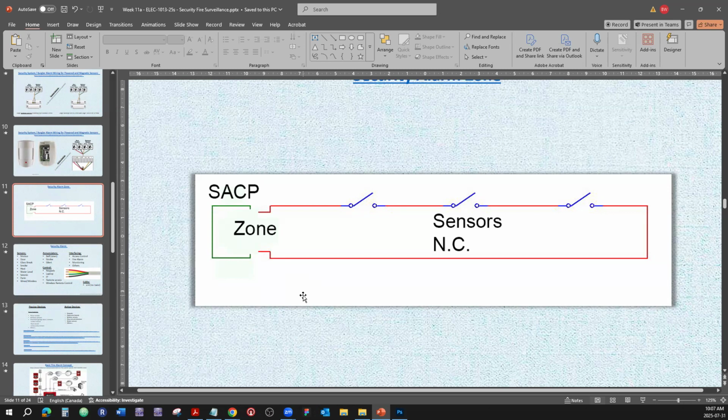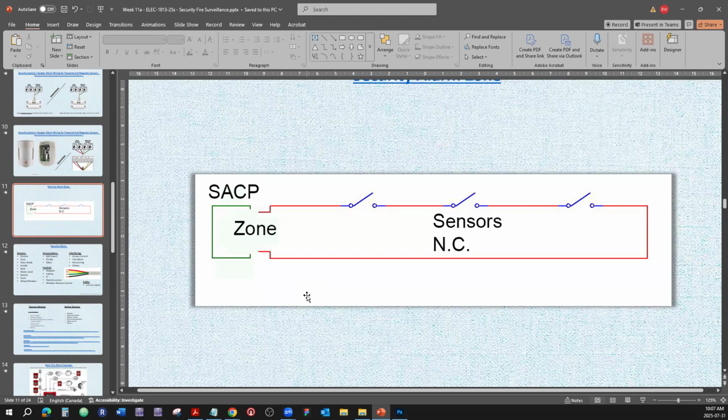And some of the zones can be monitored 24/7, which means it doesn't matter whether the alarm is armed or disarmed. If something triggers on that zone, the alarm is going to go into whatever condition is required. For example, if we have a smoke detector on the zone, then of course we don't want it to work only when the security alarm is armed.